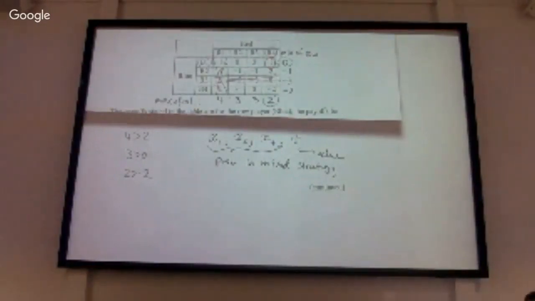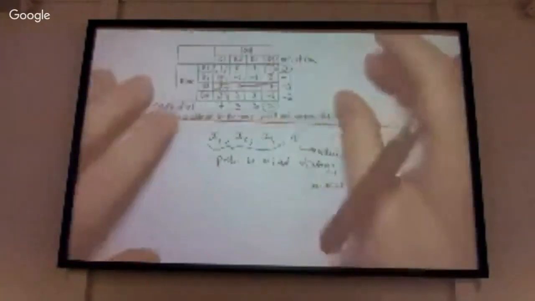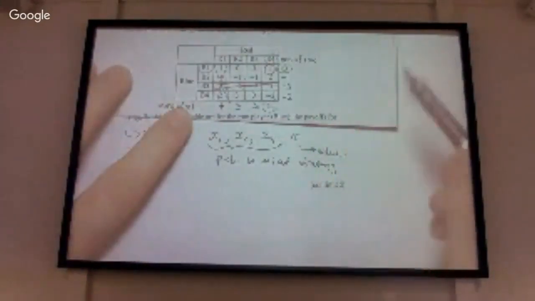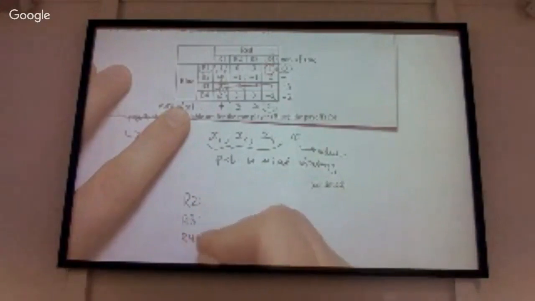I've left out x3 because B3 is dominated. If you leave it there, which is also correct, then in the optimal solution you have to get 0 for that. But you don't have to put it in at all. And you get 3 constraints, one for each of these strategies.